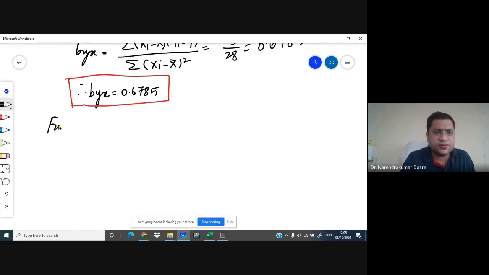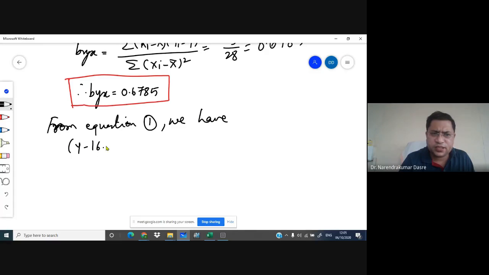So from equation 1, we'll be having y minus 16.1428 is equal to byx, so 0.6785, into x minus x bar.